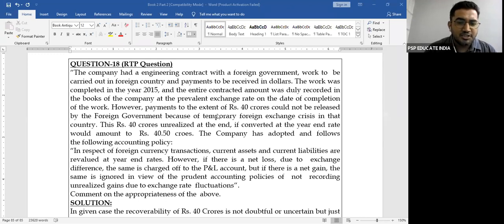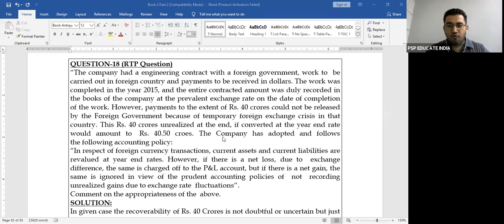Okay, now tell me, where should this gain be recorded? It will definitely go to the profit and loss account.